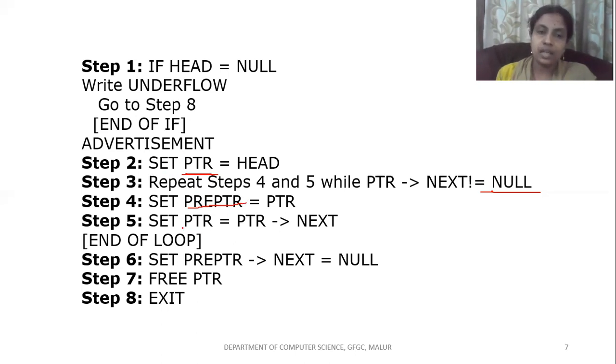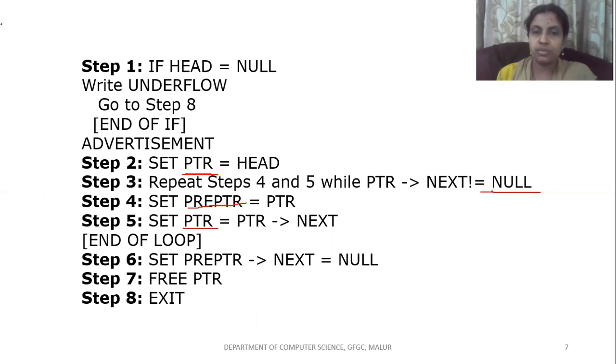And then the second node should be assigned to PTR. Like that, check one by one by assigning PTR and pre-PTR, until you find the address part of your node to be null. In case you found it, you will come to the end.